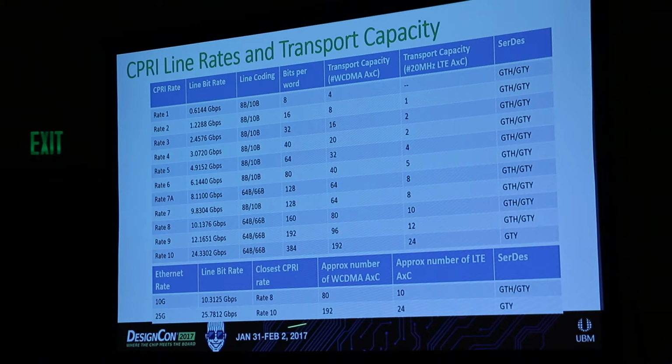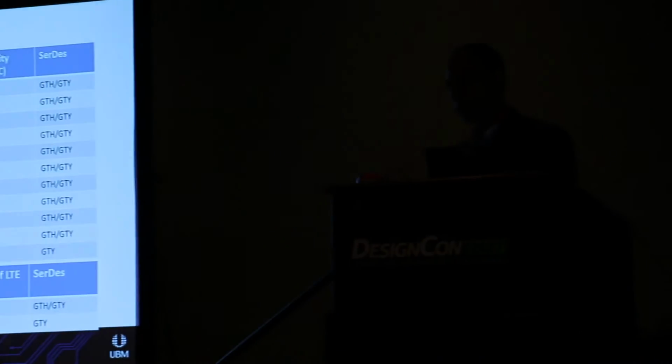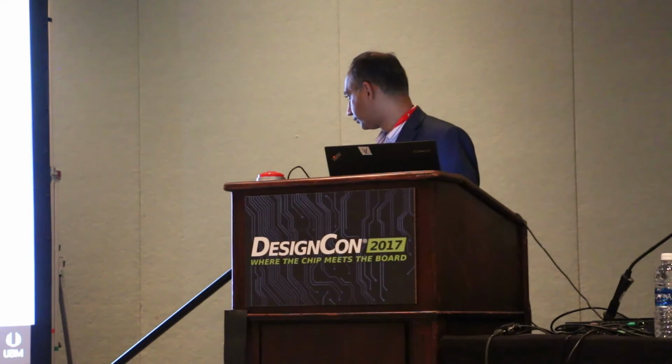And the reason I put Ethernet here is because the next generation of 5G traffic is going to be on Ethernet, which is what we call radio over Ethernet, and that's what Carrie was mentioning with eCPRI, the next version of CPRI, which also transports traffic over Ethernet. And the rates under consideration are 10G and 25 gig Ethernet.